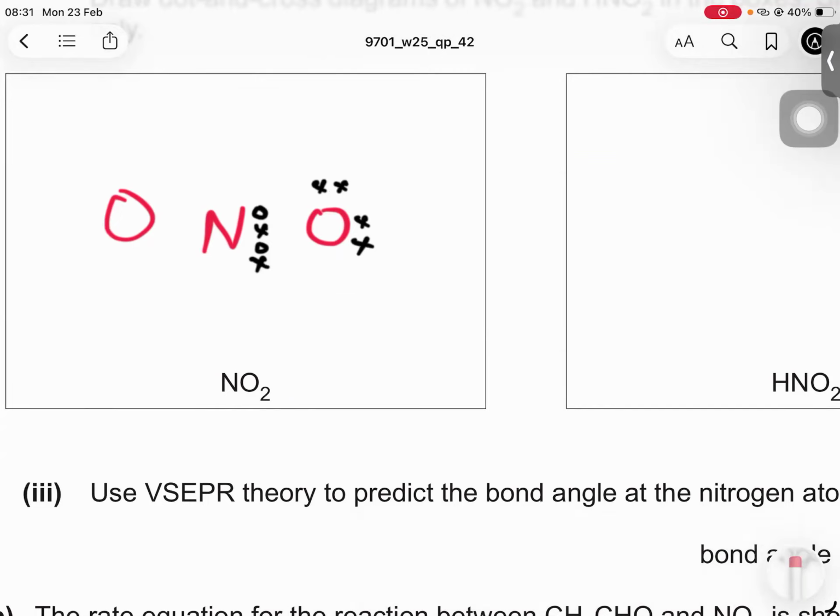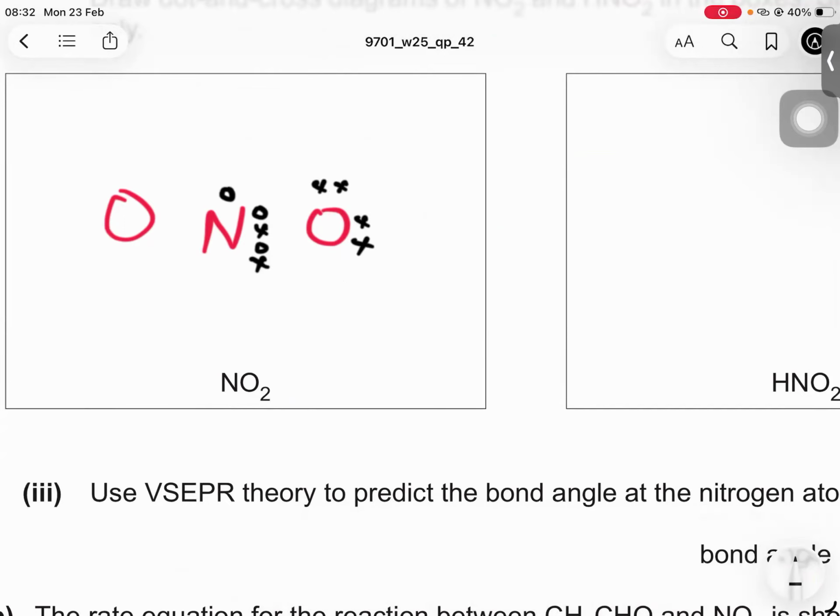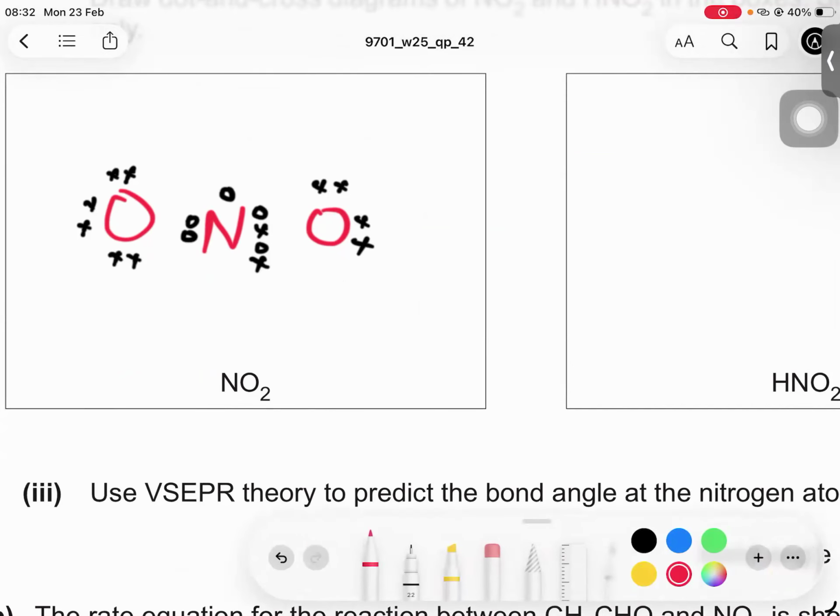That completes the octet of oxygen. And how many electrons does nitrogen have now? Nitrogen has a total of 5, so I can make a dative bond with this other oxygen. Yes, that's possible. So let's make a dative bond here between this nitrogen and oxygen.